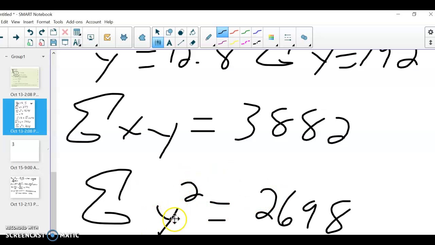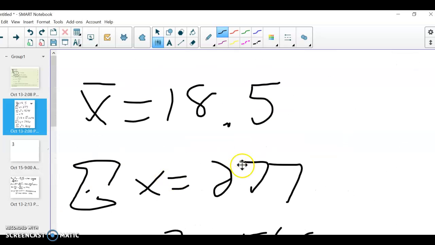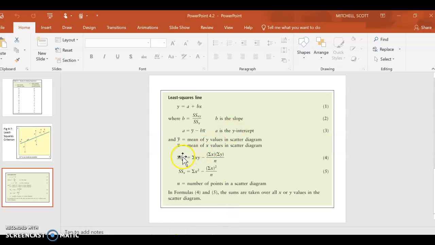We don't necessarily need that right now, but that is a number that we would need for future things. So I just get in the habit of recording that. So we know all these things, our calculator gave them to us, but we need to record them. Because I'm going to look at my formulas again, I'm going to keep referring back to it. I need to find this and divide them to get the slope. So I need to get the slope of my equation, and then I also need to find the y-intercept.